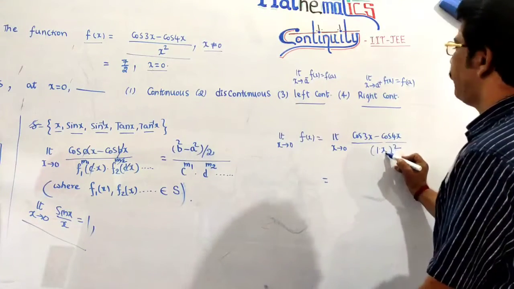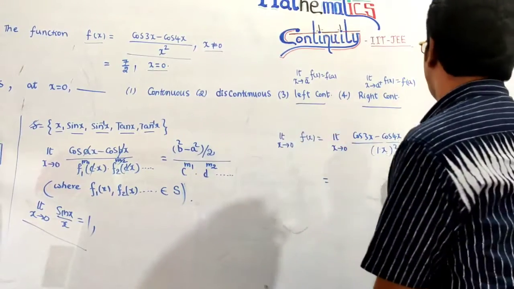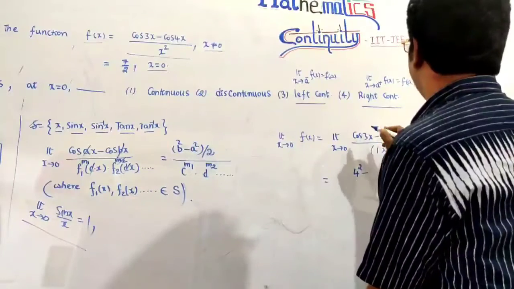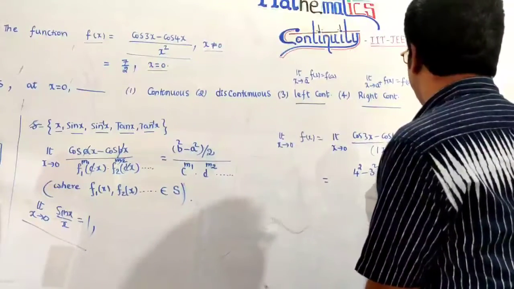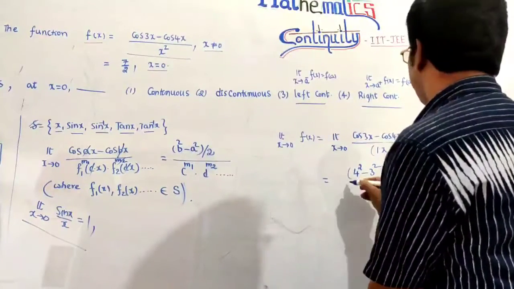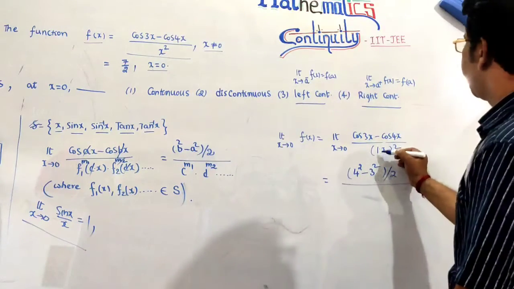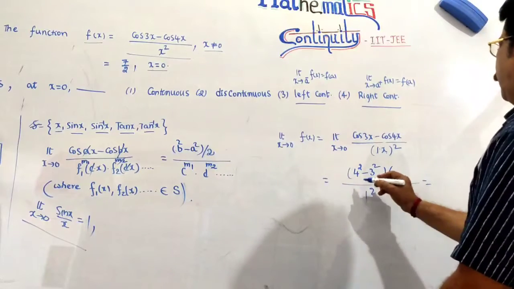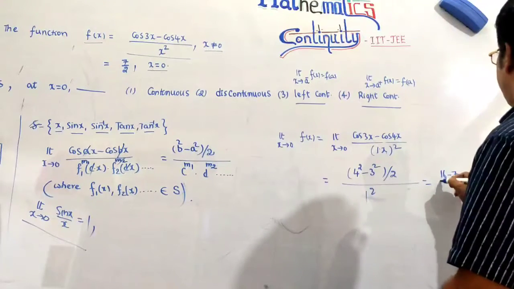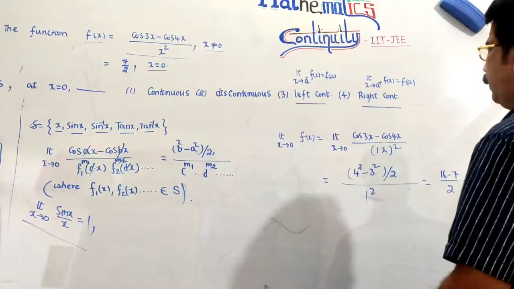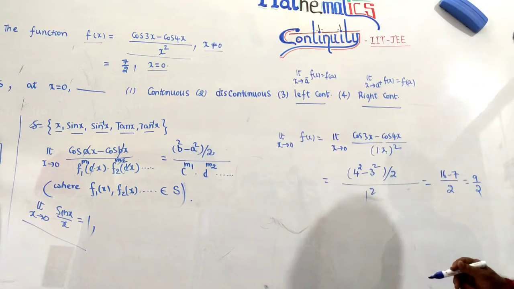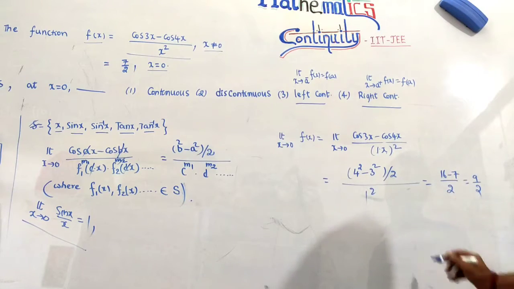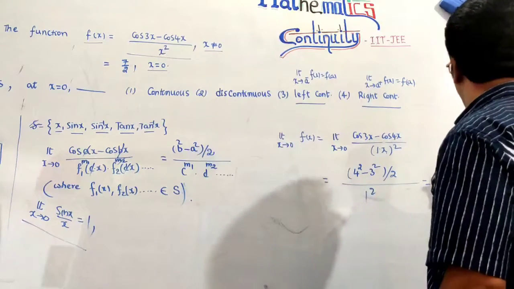Means x is a function from S. So therefore shortcut: b square minus a square whole divided by 2 whole divided by 1 into 1 power 2, like that. So therefore 16 minus 9 whole by 2, that is equal to 7 by 2. Understand? 4 square, 4 into 4 is 16, minus 9.